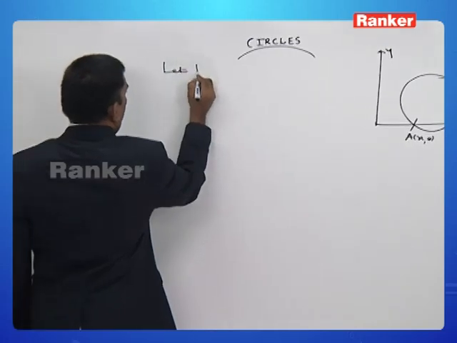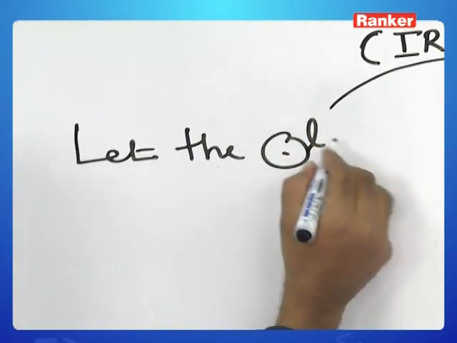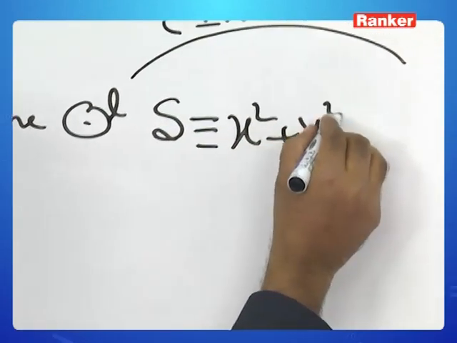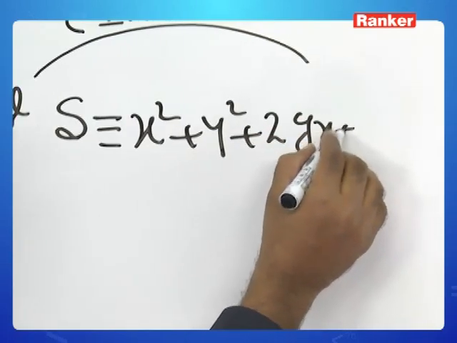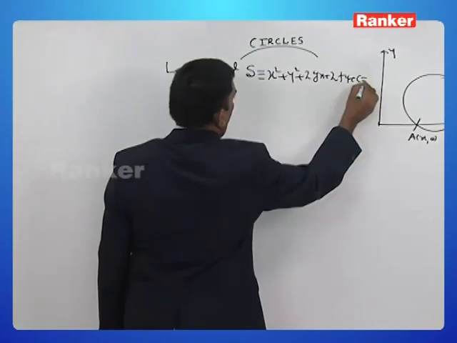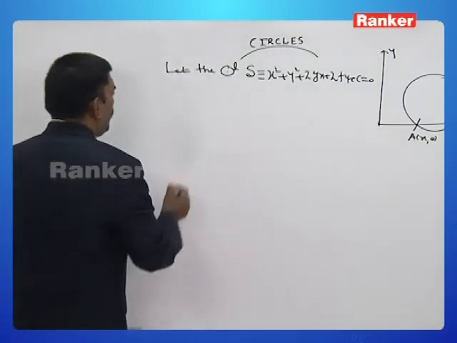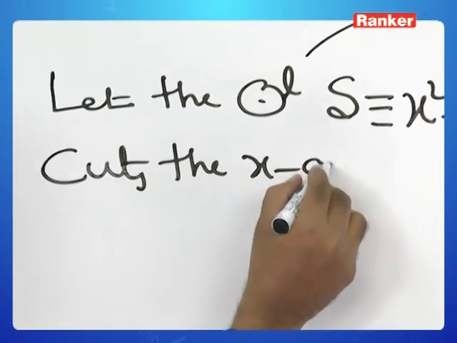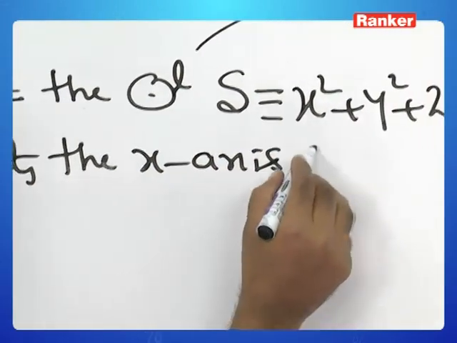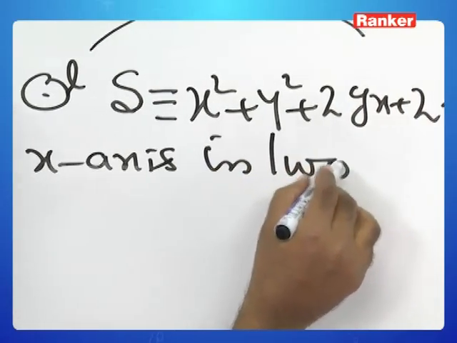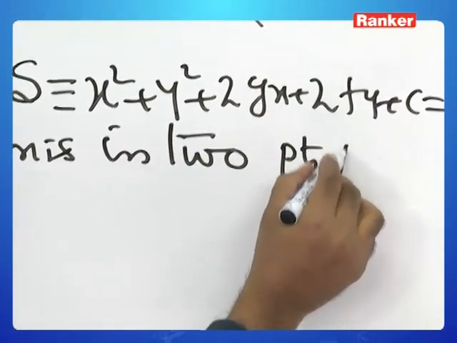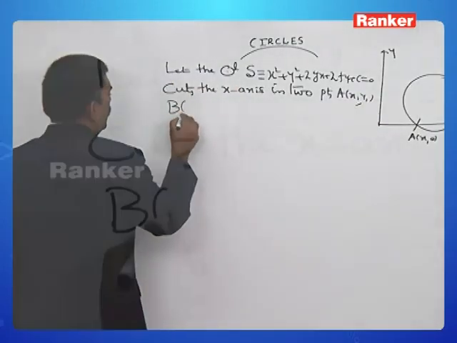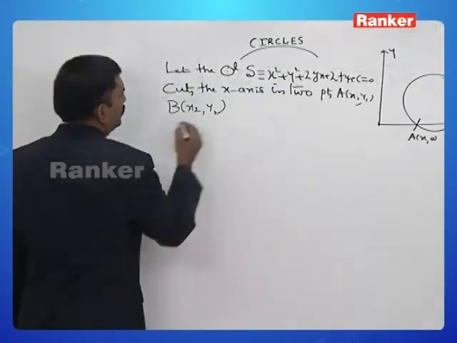Let the circle S = x square plus y square plus 2gx plus 2fy plus c = 0 cut the x-axis in 2 points, A(x1, y1) and B(x2, y2).